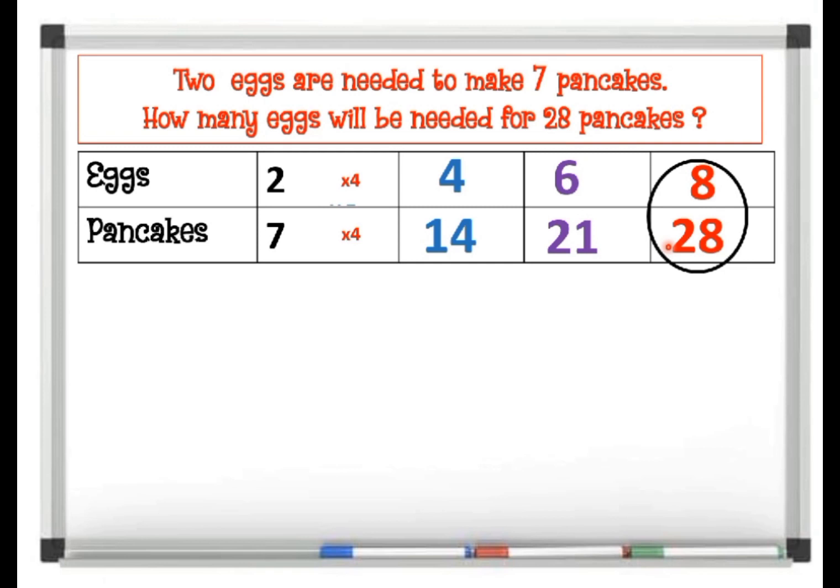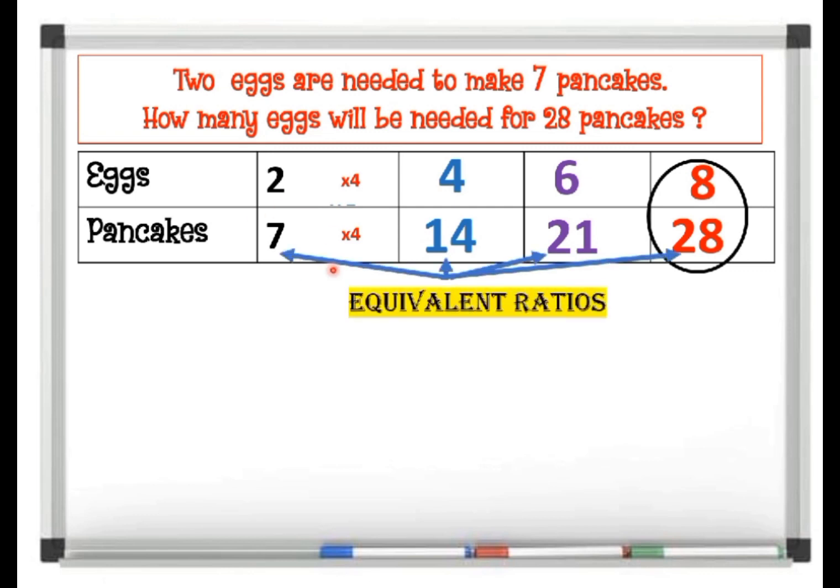Okay. Now, take a look at the ratios. 2/7, 4/14, 6/21, and 8/28. What do we call these ratios? Ano po ang tawag natin sa mga ratios na ito or fractions na ito? They are all equivalent fractions or ratios. They are all equivalent ratios.